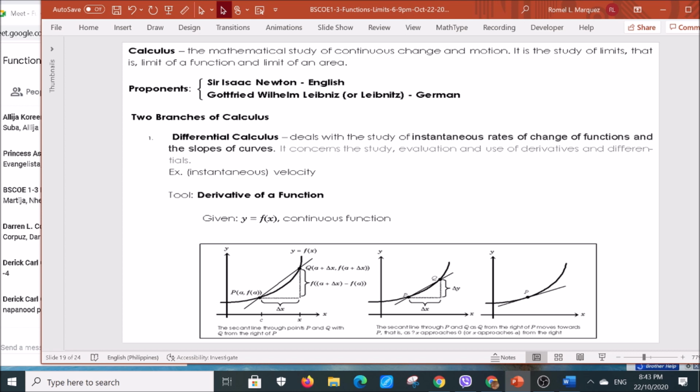Before they invented calculus, England and Germany came into conflict.